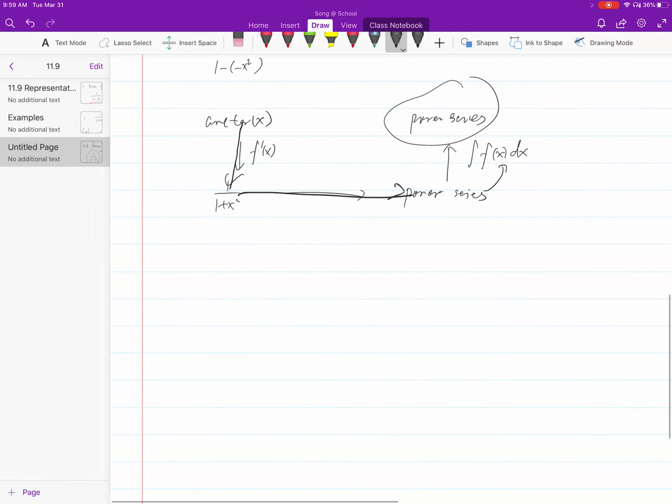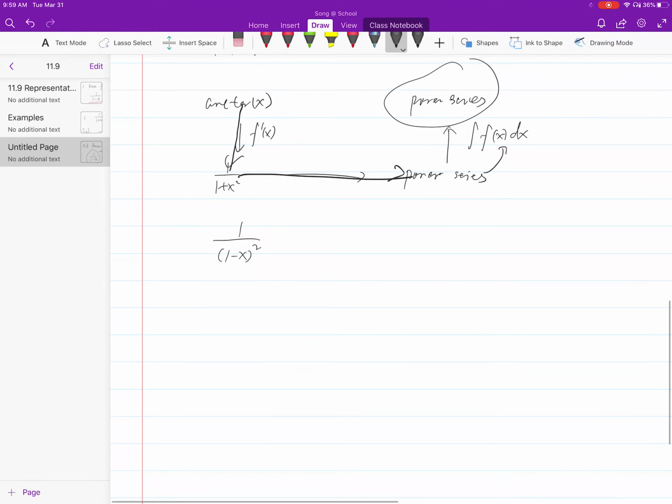For the other way, I will just give you the example here. Take something like this, for example. This is not something we can do. But take a while, you will realize this is going to be the derivative of 1 over 1 minus x. Actually, there's no negative. Okay, and this you can do the power series.